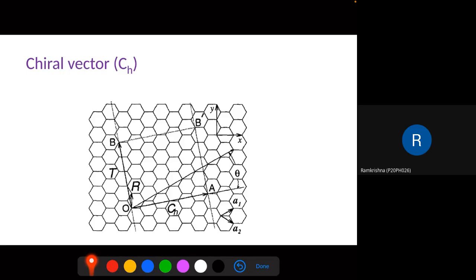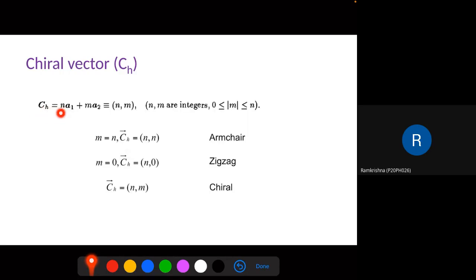And so how do we then understand what is this OA? So OA, or this chiral vector, you can write it down in terms of the lattice vectors a1 and a2. So it has to be an integer multiple of our lattice vectors a1 and a2, right?